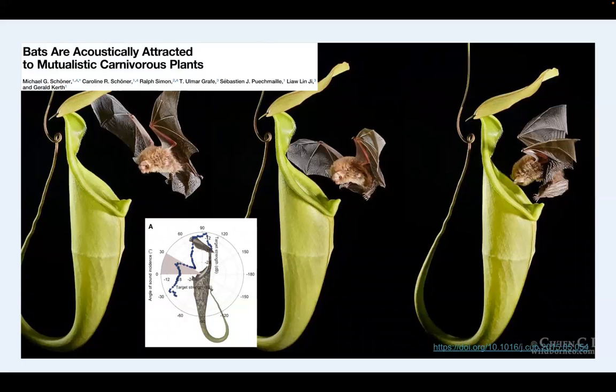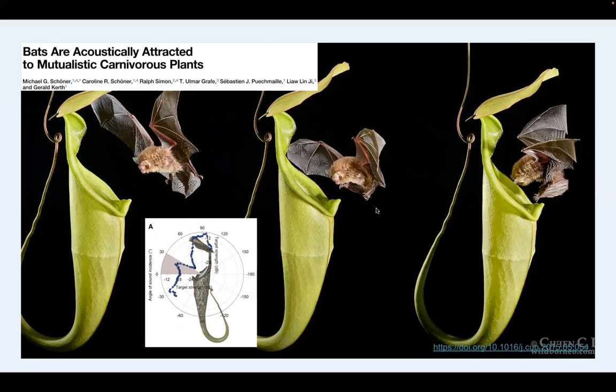So here's an example where one of these pitchers has been determined to have acoustic properties. So if you're a bat flying around in the jungle and you're echolocating, this is a plant that will actually return the echolocation, a sound-reflective structure that bats can figure out where it is, and they go to it.